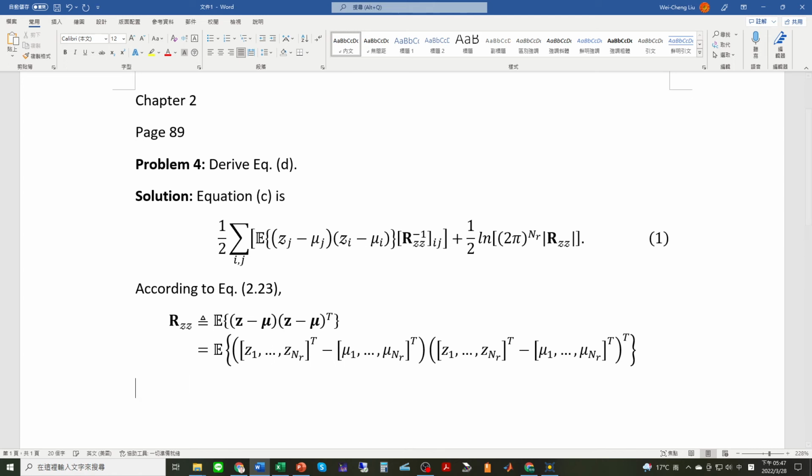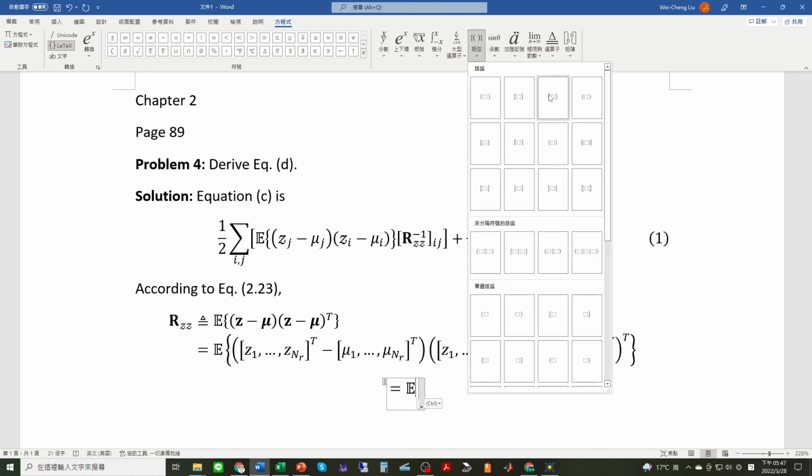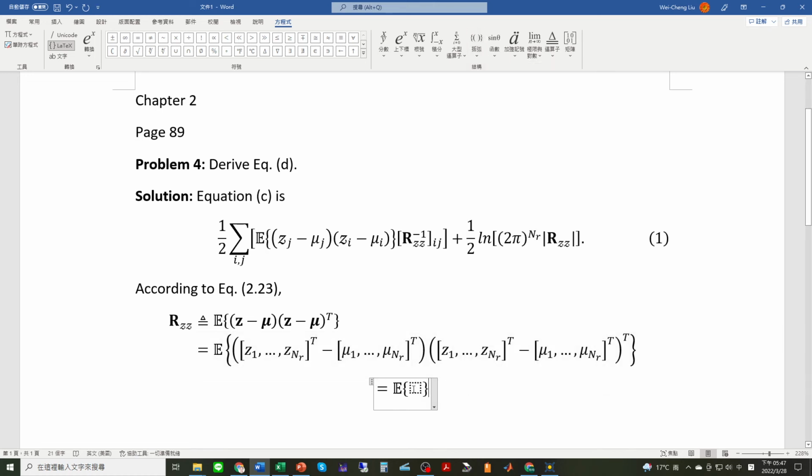So next, it is equal to the expectation again and the big bracket again, and the first term will become a column vector.